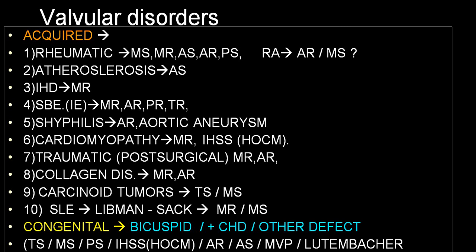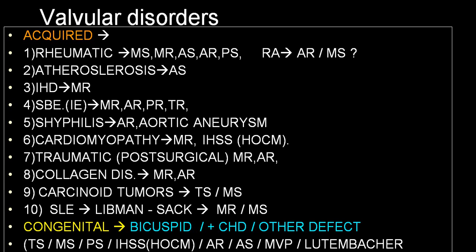Syphilis nowadays is not commonly seen, but syphilis will produce aortic valve involvement, producing aortic regurgitation, and aortic root involvement, producing aortic aneurysm, and that aneurysm can also be in the arch of the aorta.